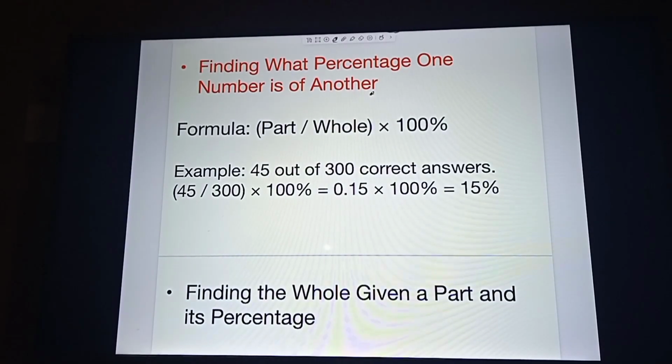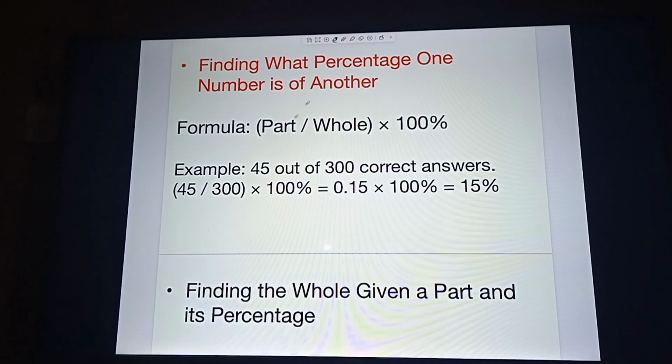Now we learn finding what percentage one number is of another. For this we are using the formula, that is part divided by whole multiplied by 100.